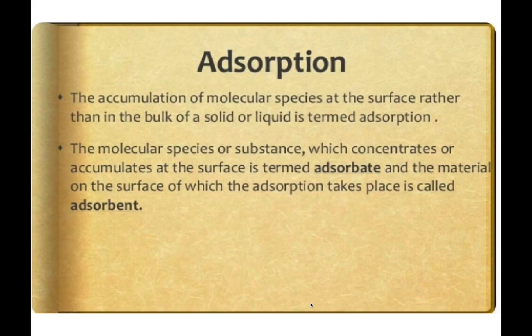That is called adsorption. The molecular species or substance which accumulates or concentrates at the surface is called the adsorbate. Remember, that is called adsorbate, and the material on the surface where the adsorption takes place is called the adsorbent. So learn to distinguish between adsorbate and adsorbent.